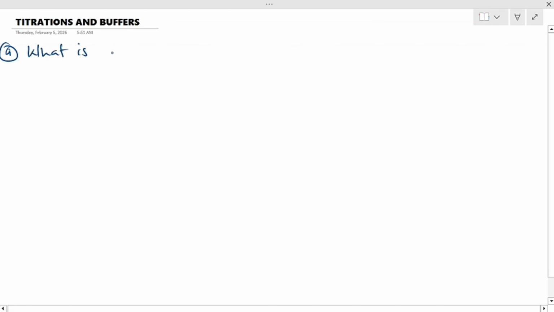Question A, a continuation of that example, is: what is the buffer region of the amino group for glycine?